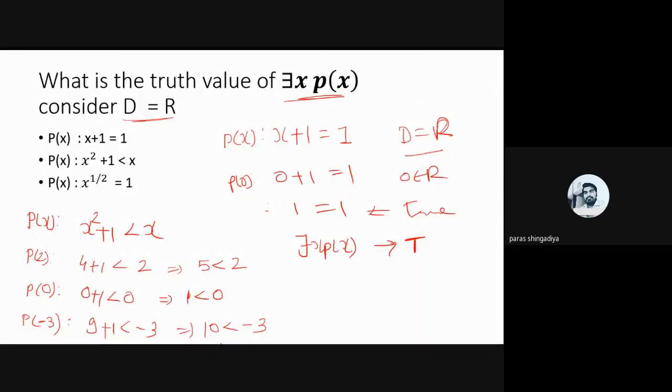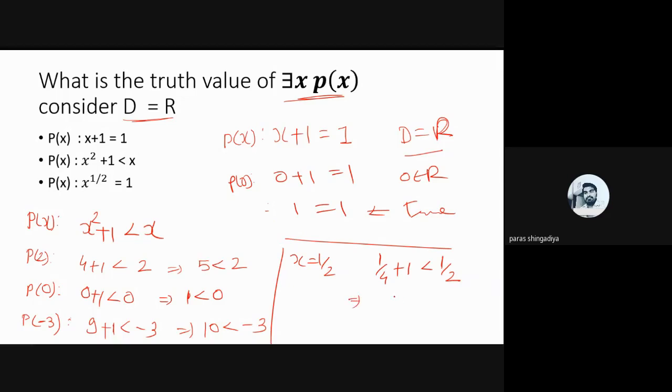Now check for any rational value. Let us take 1 by 2, because 1 by 2 is also covered in the real line. So it is 1 by 4 plus 1 less than 1 by 2. We replace x with 1 by 2, so x squared is 1 by 4, plus 1, less than 1 by 2.